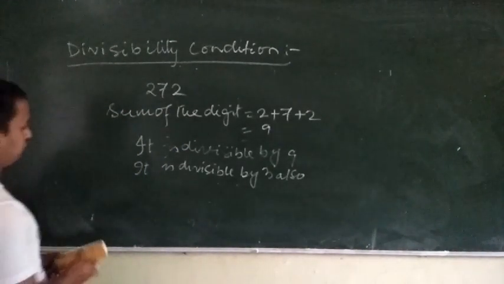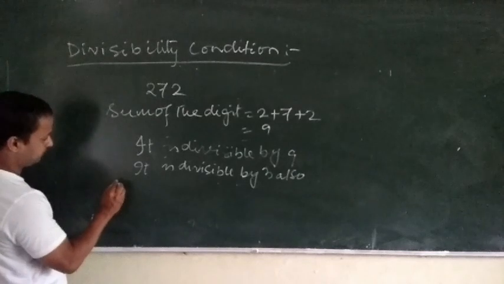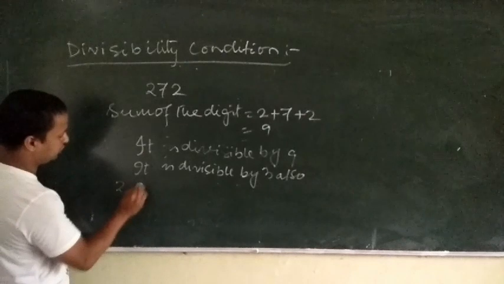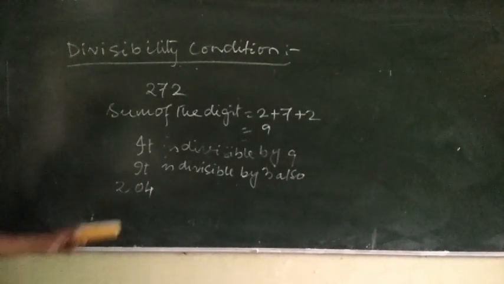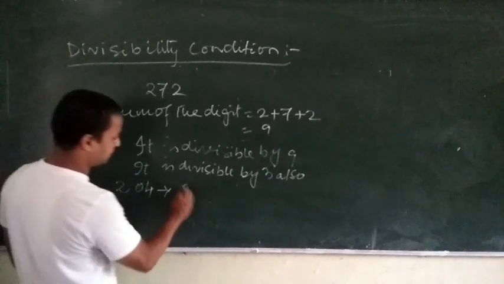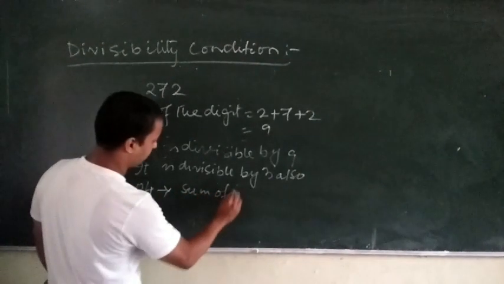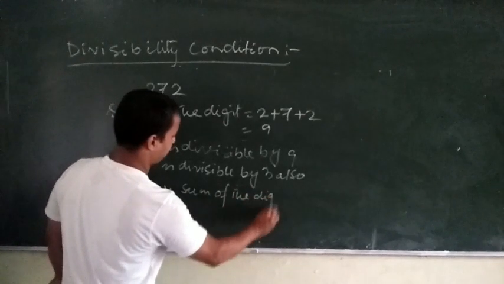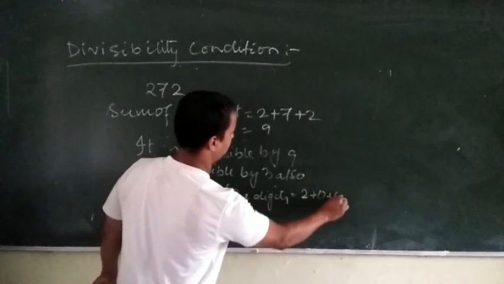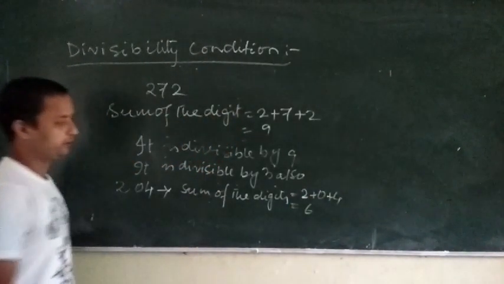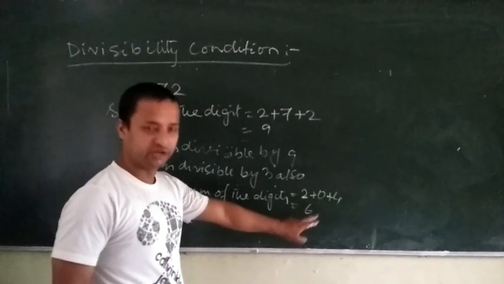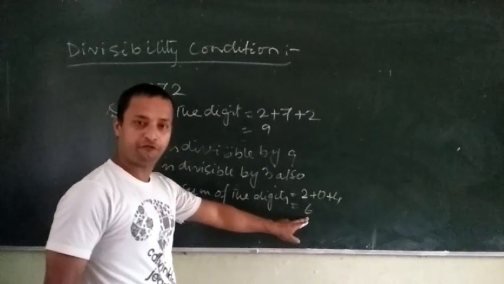If I take another example, say 204. Sum of the digits, 2 plus 0 plus 4 is equal to 6. So 6 is a multiple of 3, but it is not a multiple of 9.